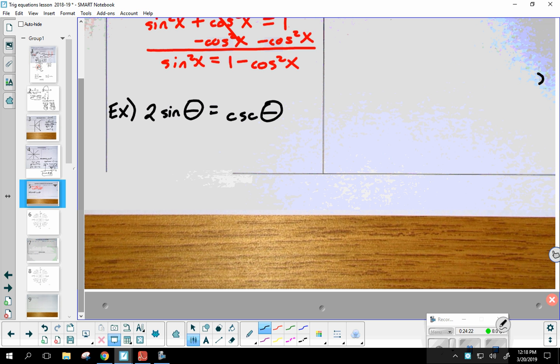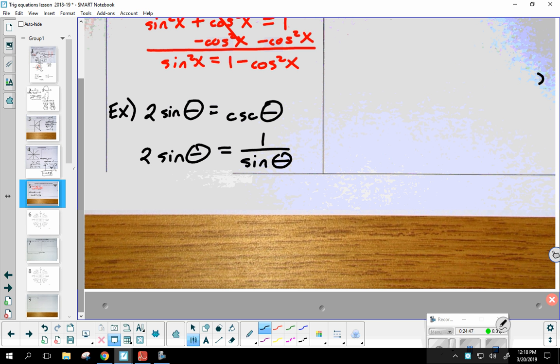In fact, what is the reciprocal of sine? Well, not cosine. It is cosecant. So you guys remember, cosecant is just 1 over sine of theta. Again, you see how I was able to get it in the same trig function?